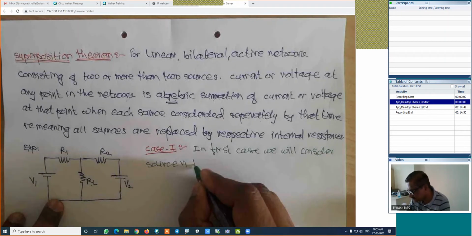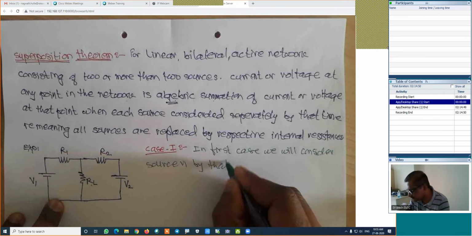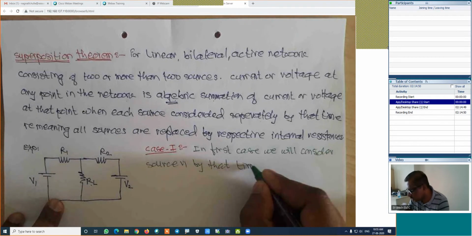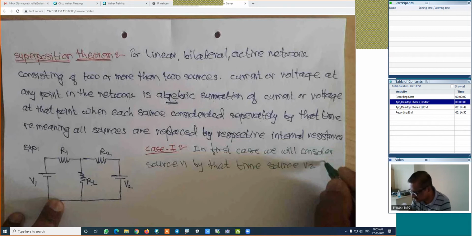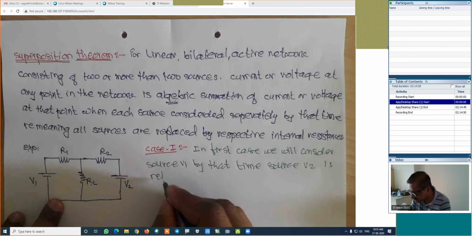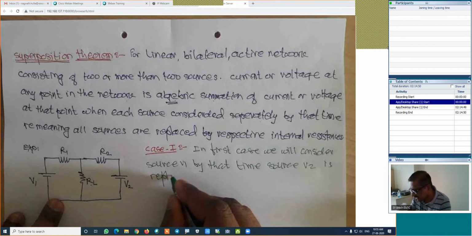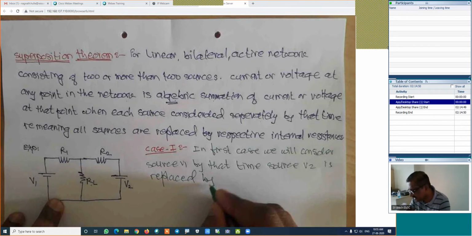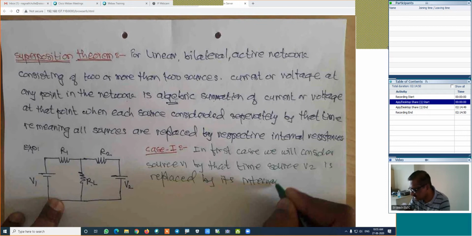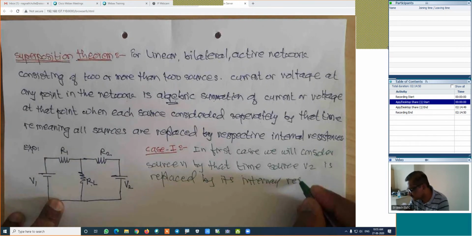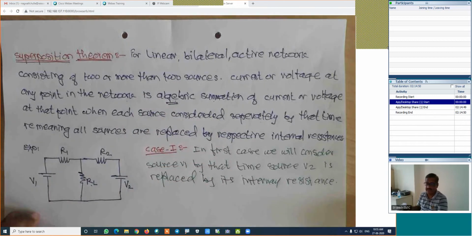By that time, source V2 is replaced by its internal resistance. This is the statement because the examiner has to follow what you are trying to do.